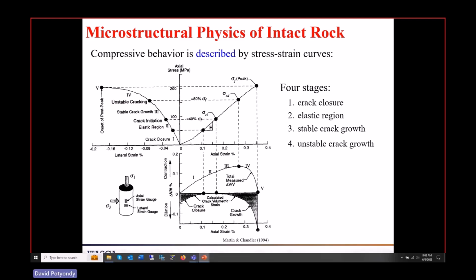Why? The reason is there is a mechanism called stress corrosion that occurs in silicate rocks. And what is stress corrosion? I can explain it first for a glass.